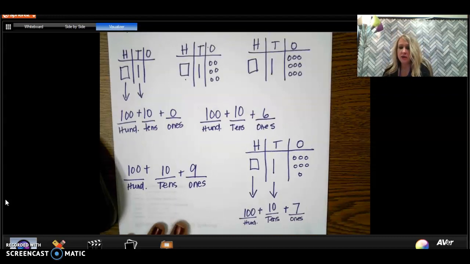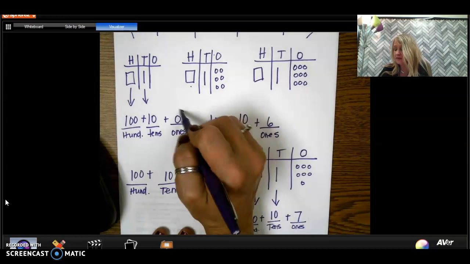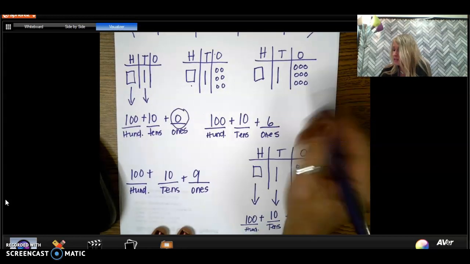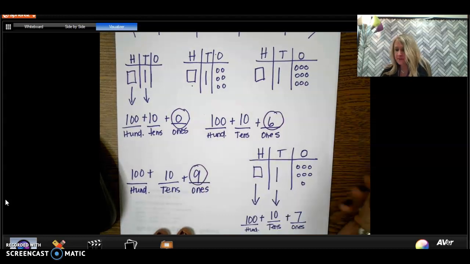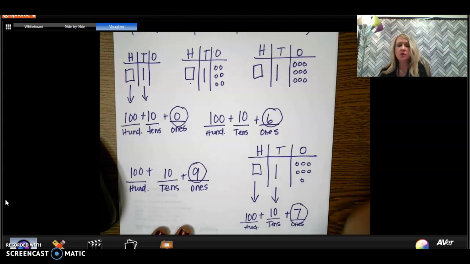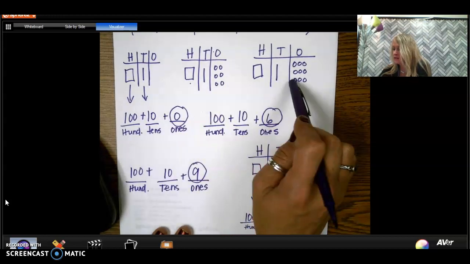Okay, remember that if the first two numbers are the same, we have to look at the ones. So we have 0, 6, 9, and 7. Which one has the most ones?